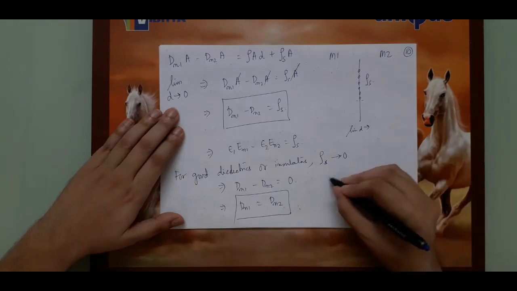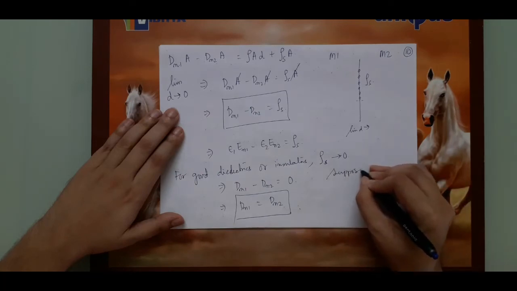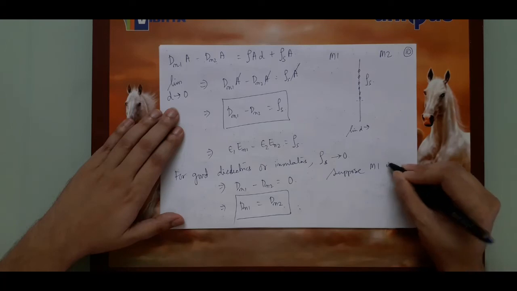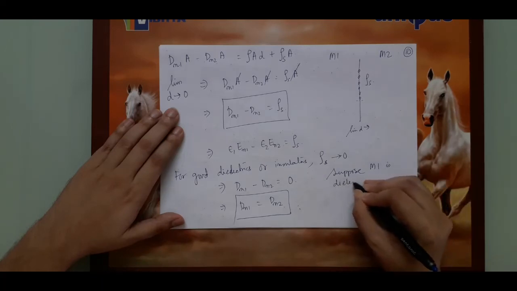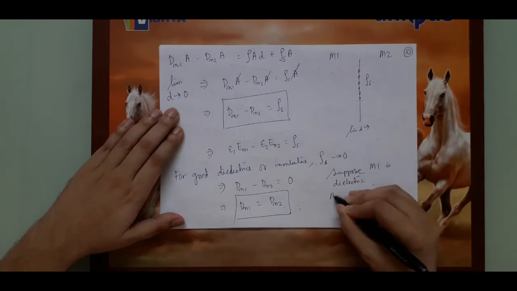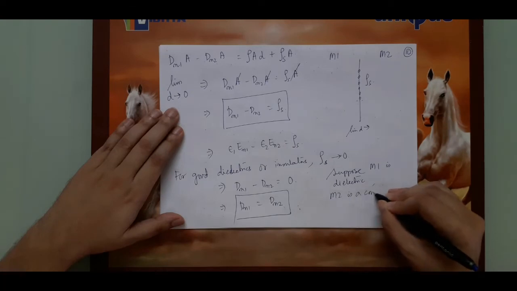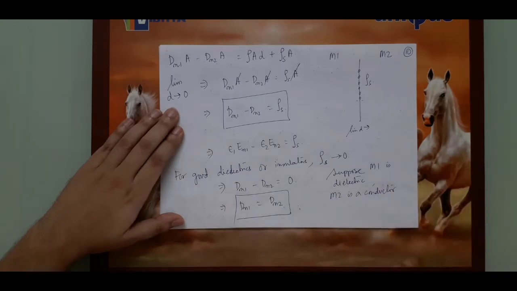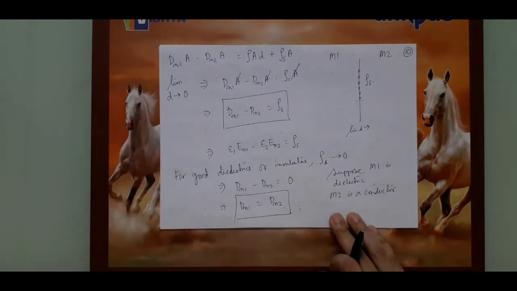So I say suppose medium 1 is dielectric and medium 2 is a conductor. How would this relationship change?